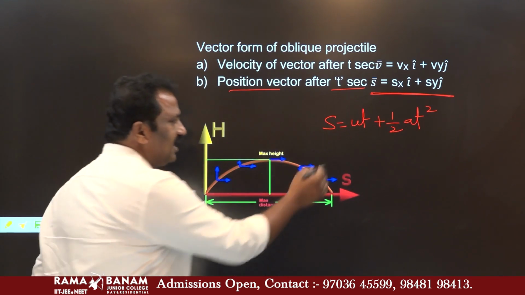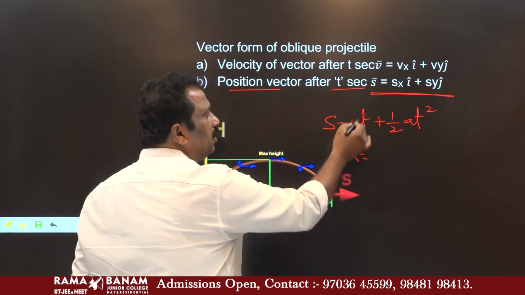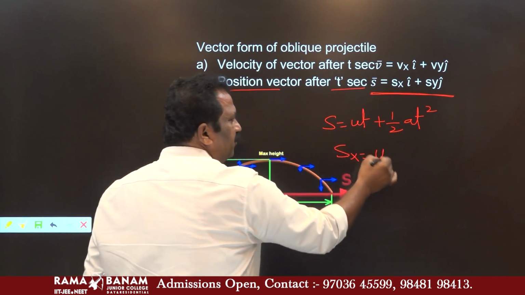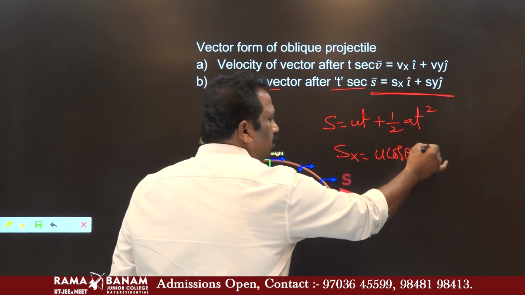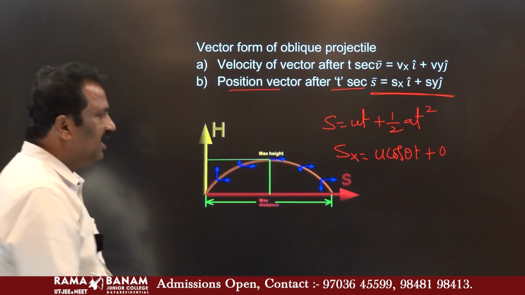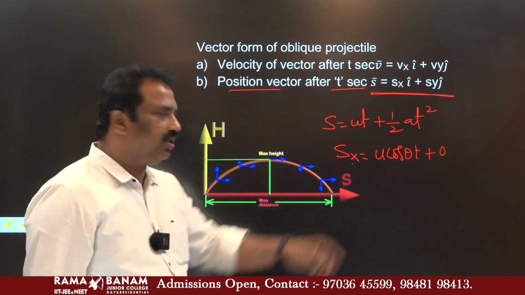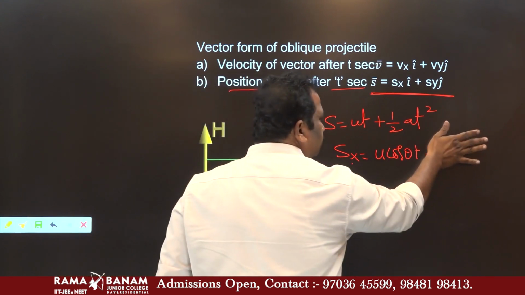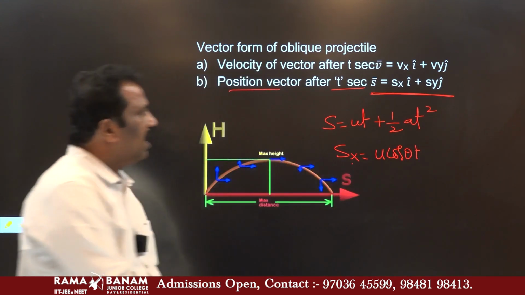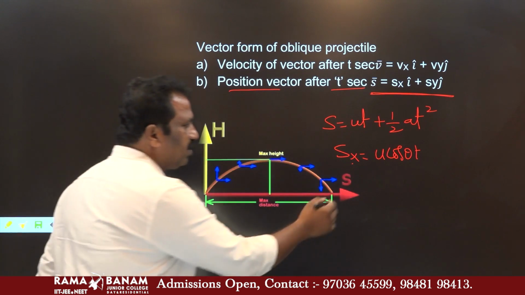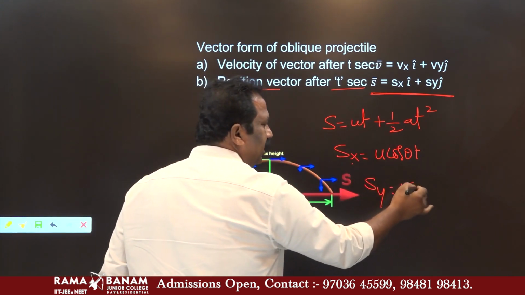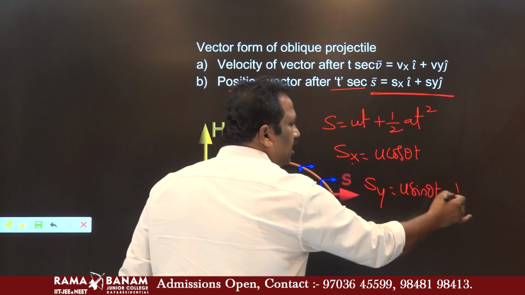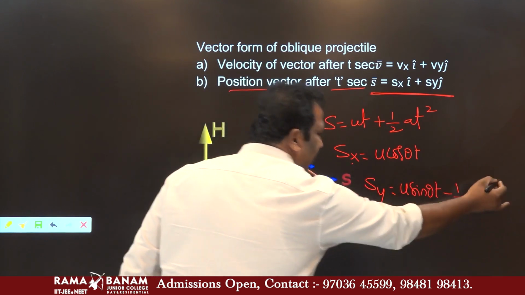See, along the x-axis, sx = u cos theta into t, and acceleration becomes 0. Finally, we get sx = u cos theta into t. And for the y component, what can we write? sy = u sin theta t minus ½gt².